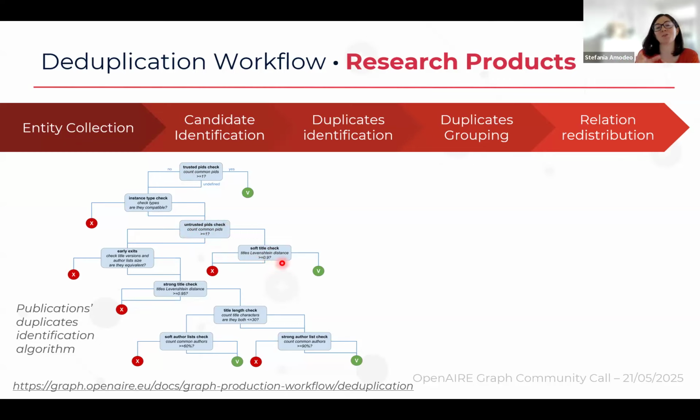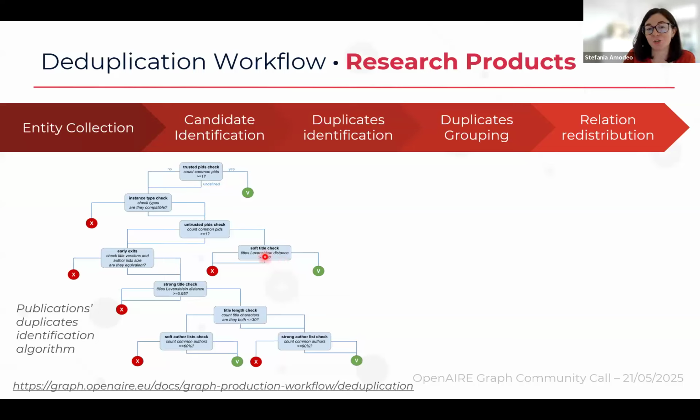This is a metric that compares the text in two strings and measures how distant they are, so what needs to be changed to have the same title.